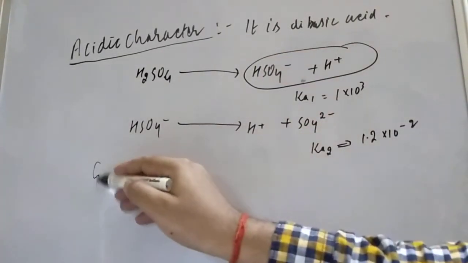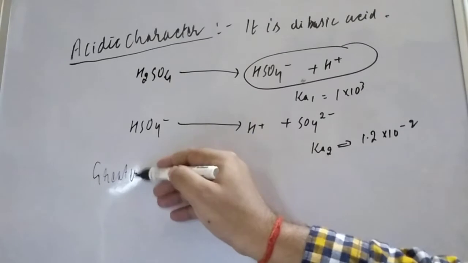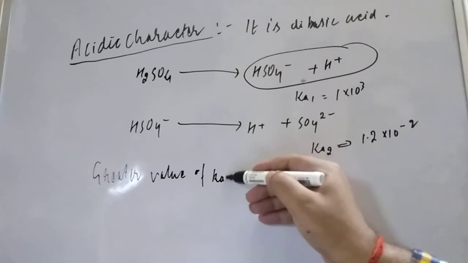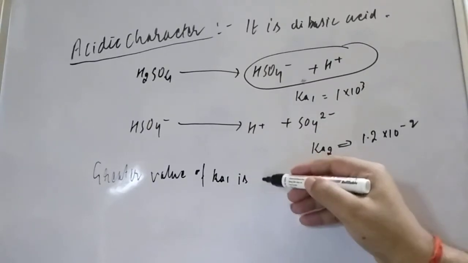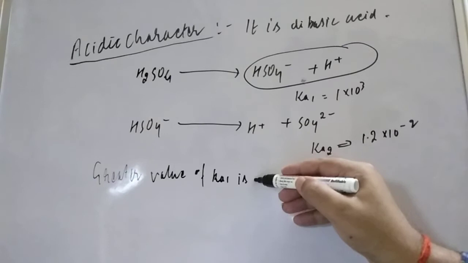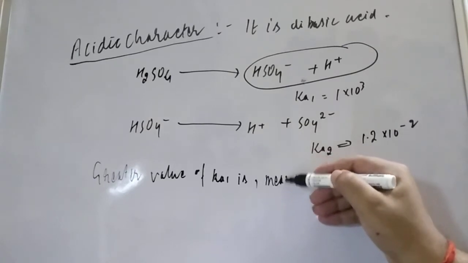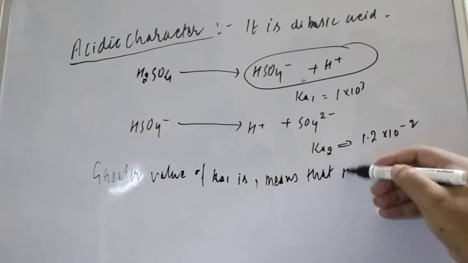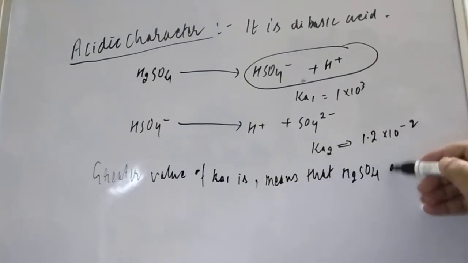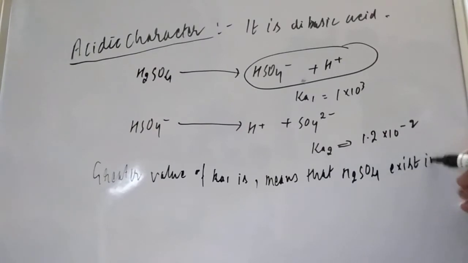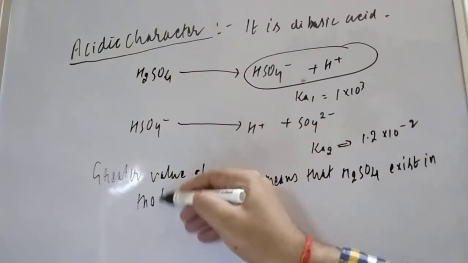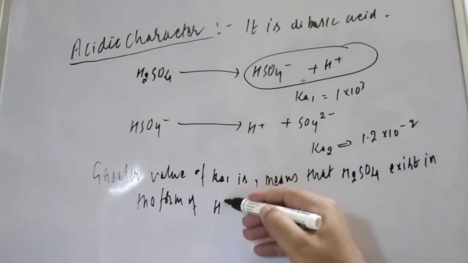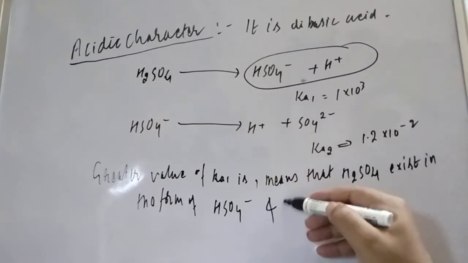So here we can write, greater value of Ka1 means that H2SO4 exists in the form of HSO4 minus and H plus.